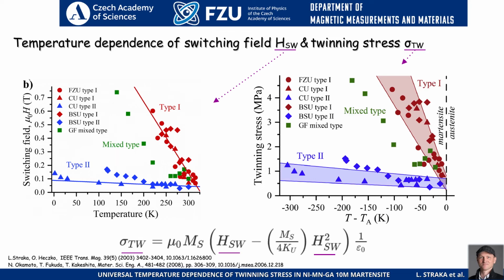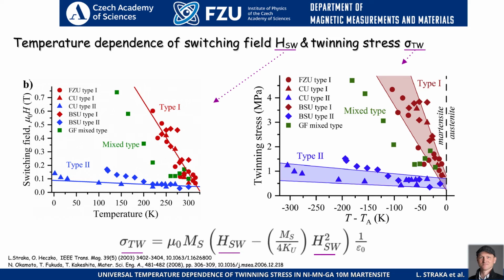So there's some universal dependence for type 1 twins. They are flat for type 2 twins, and for mixed type twins one would expect that the twinning stress is somewhere in between. So this is what I consider the major result of this work, showing that the twinning stress dependencies are really universal.